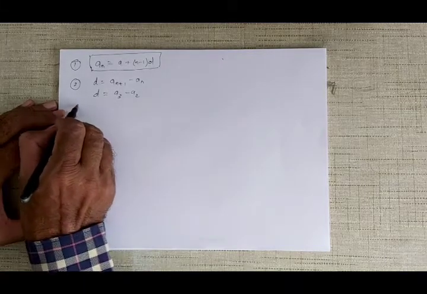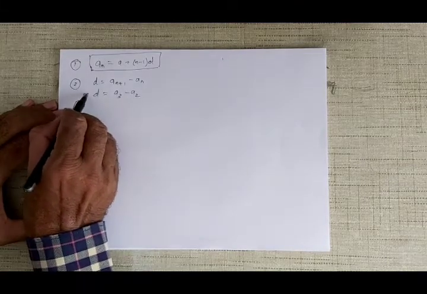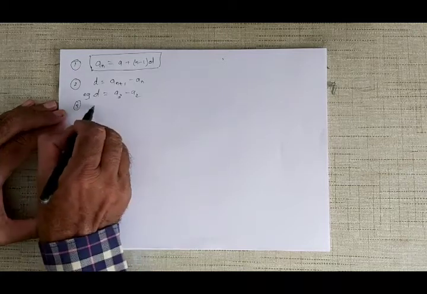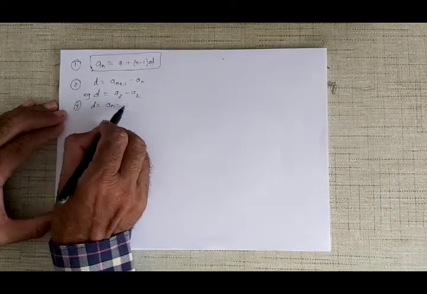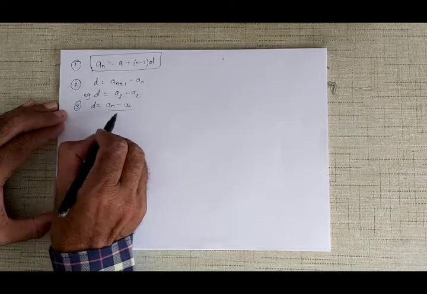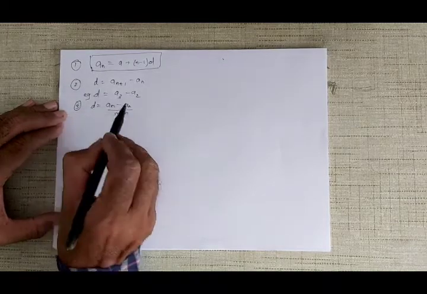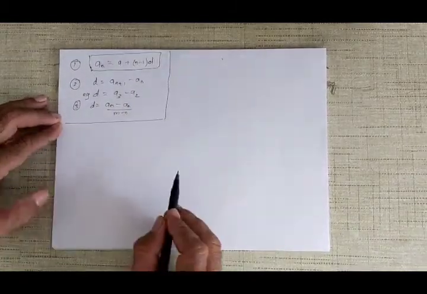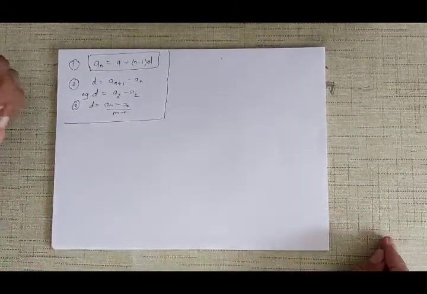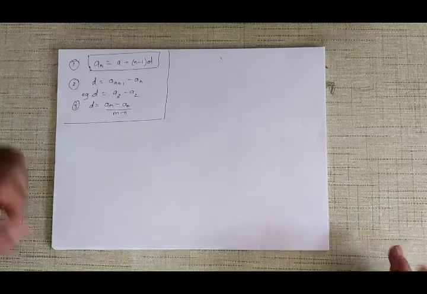Then there is another formula for finding d, that is a of n, the nth term, minus a of m, the mth term, upon n minus m. So get used to these three formulas. Once you are used to these three formulas, you will see how easy it is to solve these problems.